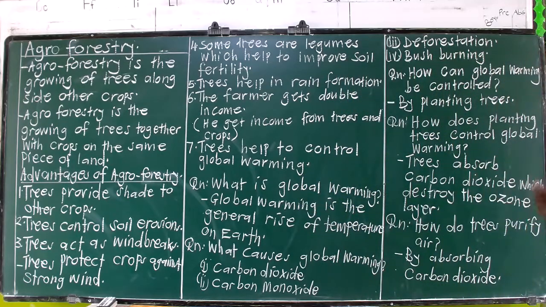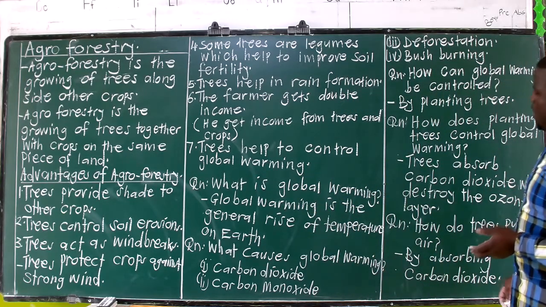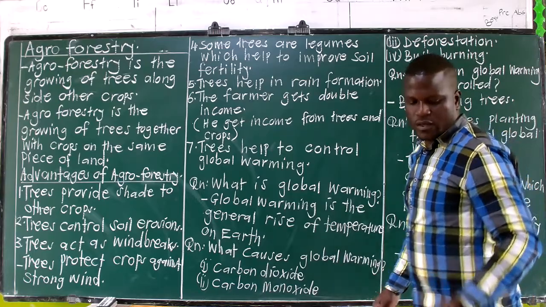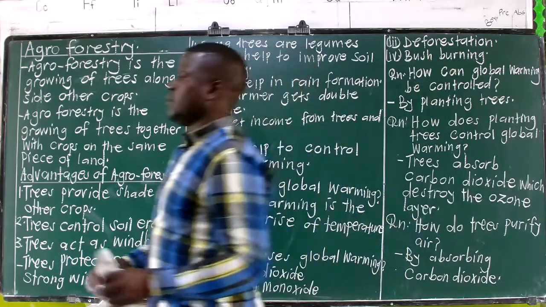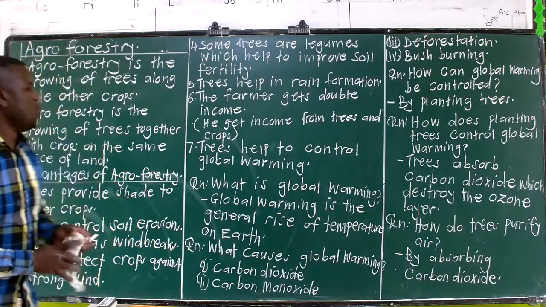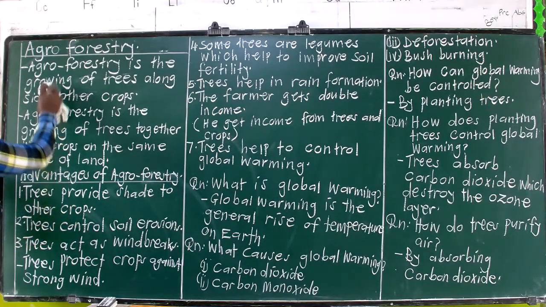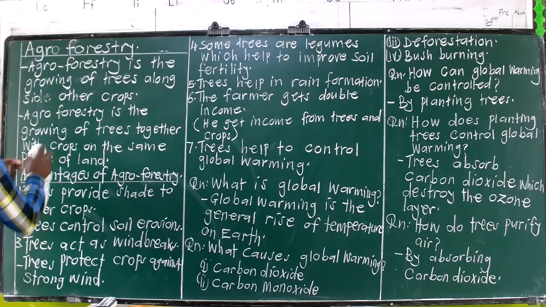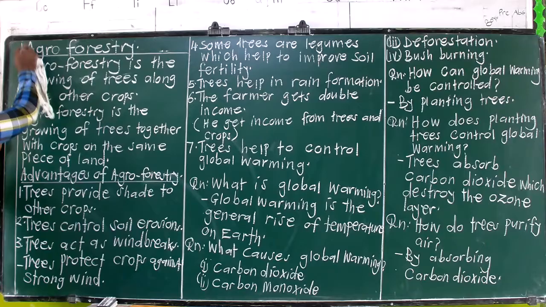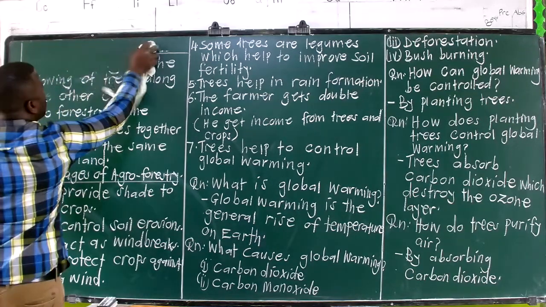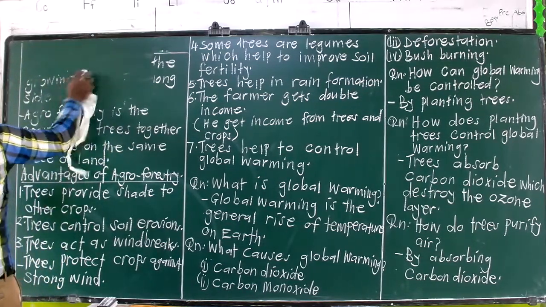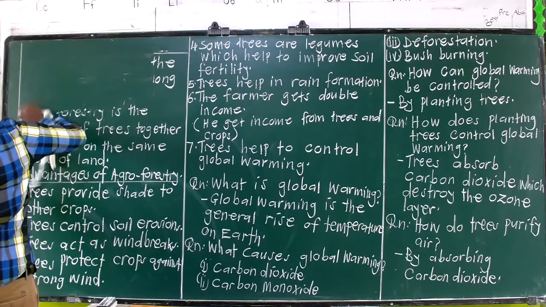Now, if they ask you the effects of global warming, it leads to disease outbreak. That's why we have diseases on Earth. There are diseases which affect people, and people don't know where some of these diseases are coming from. It is as a result of global warming.